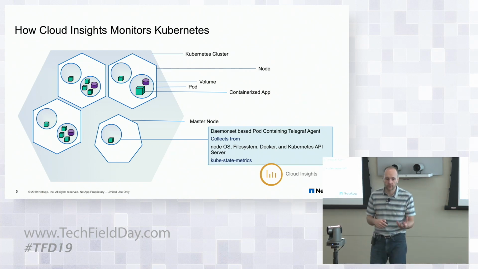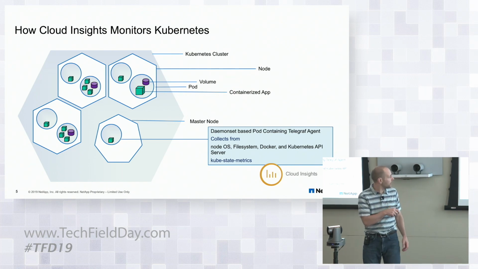So it runs on every one of the nodes in the pod and starts then streaming data up to us via that Telegraf agent. So we're collecting everything from the node OS level, the file system, what's going on with the Docker, but we're also pulling in the kube state metrics as well. So we're getting a full end-to-end picture, then at a 10-second granularity, of what's actually occurring within the Kubernetes environment.